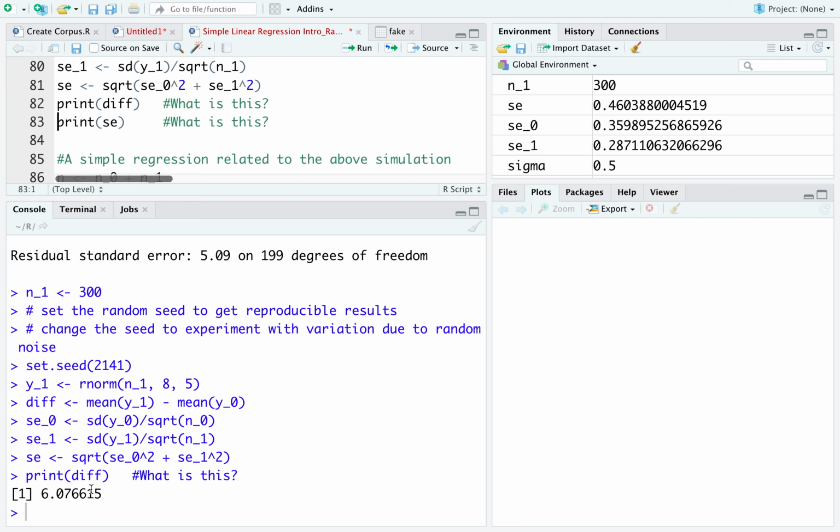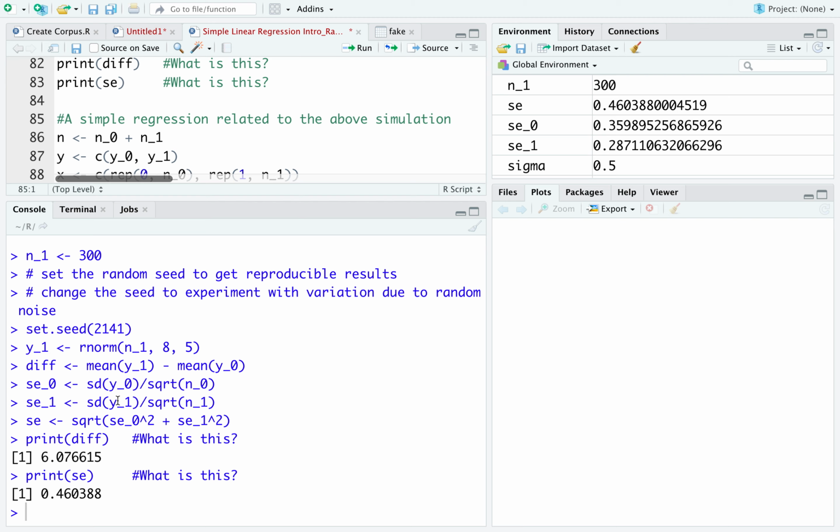We wouldn't know this if we were really just playing the part of the researcher. We would just say, hey, 6.076, that's my best guess at the difference in means. Meanwhile, the true difference was 6. So we don't get to know how good it is, but here's our standard error. Our standard error is 0.46. So that is a way of saying my best guess is 6.08, but the process that produced that estimate typically is, loosely speaking, around 0.46 off, right?